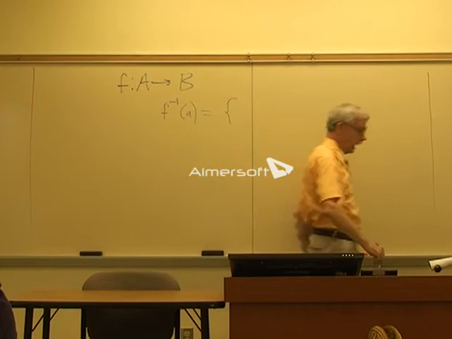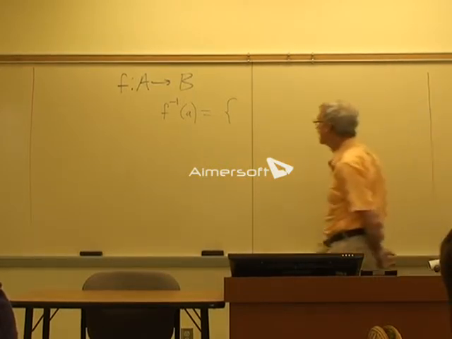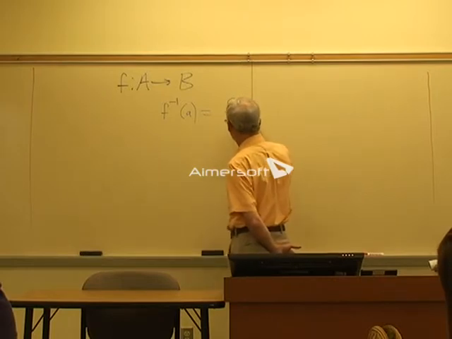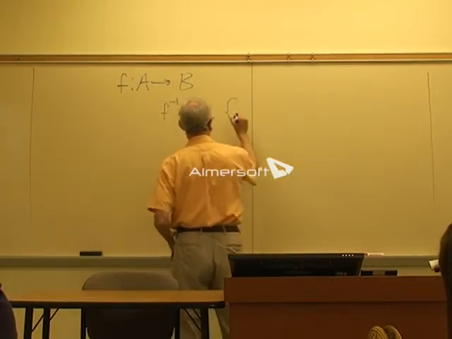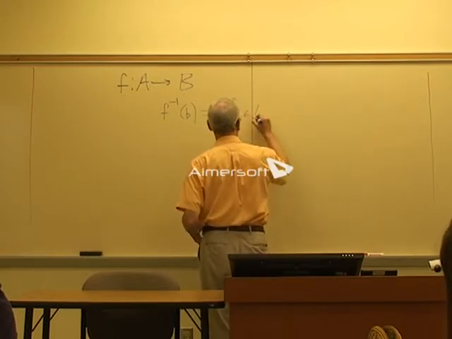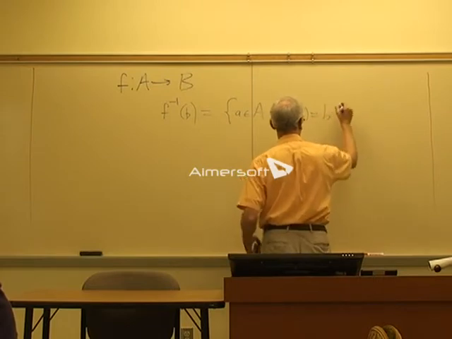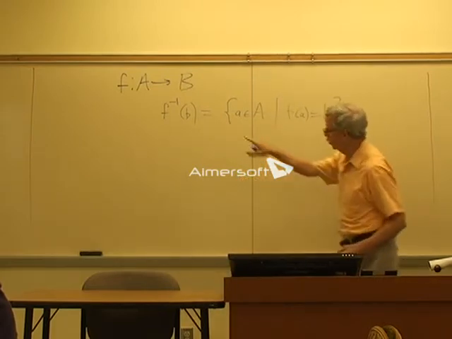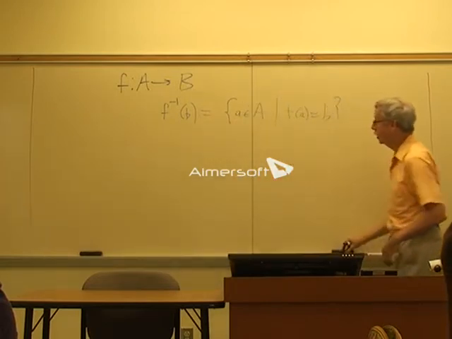The pre-image of a value is the set of everything that gets sent there. So this is the set of all A in A such that f of A equals B. For the pre-image, I look at an element here and I see everything that's sent there.